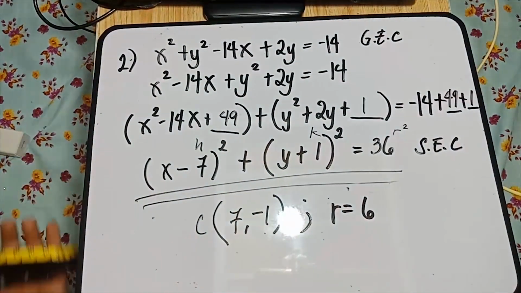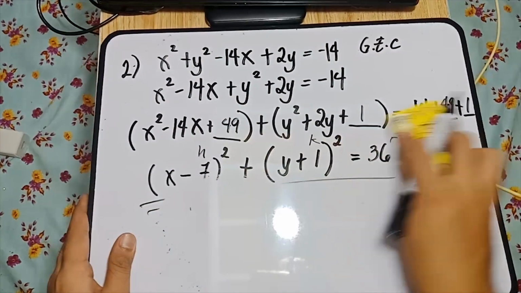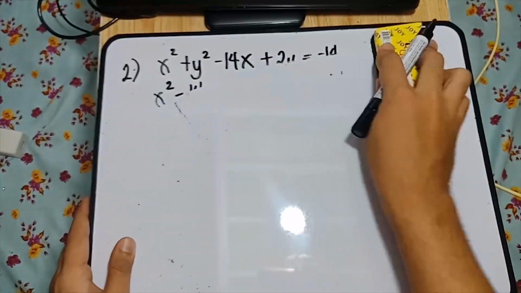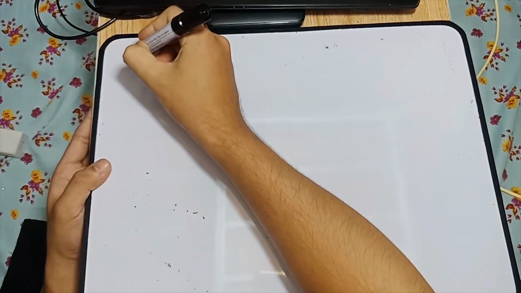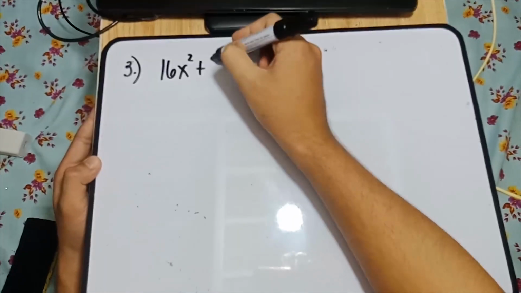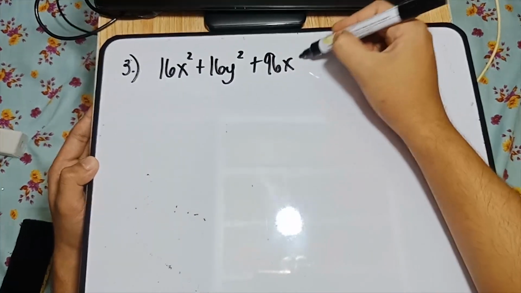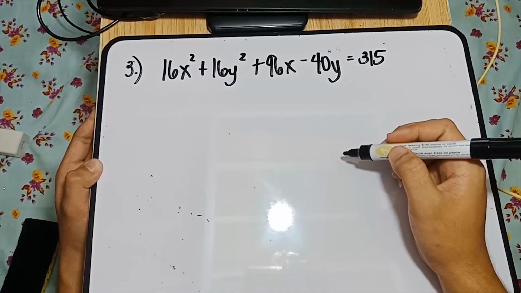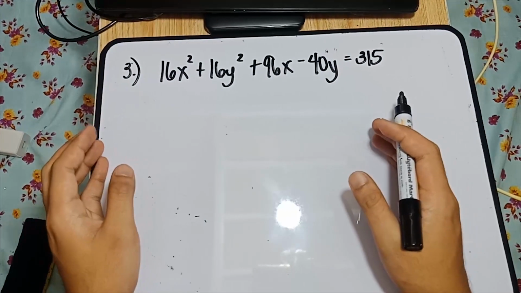Ano ba naman yan? Next, example 3. Example number 3. Let's say we have 16x squared plus 16y squared plus 96x minus 40y equals 315. So again, expanded, therefore general form.